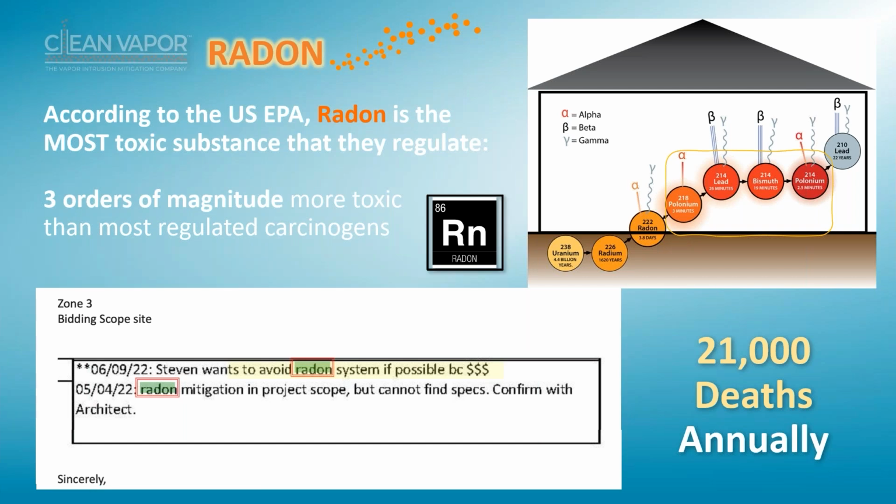Anyway, radon cannot be ignored. It's responsible for 21,000 deaths annually in the United States. And as we build more new properties, this problem is not solving itself, it's actually getting worse. So you want to think about the total sum of contaminants inside of buildings.